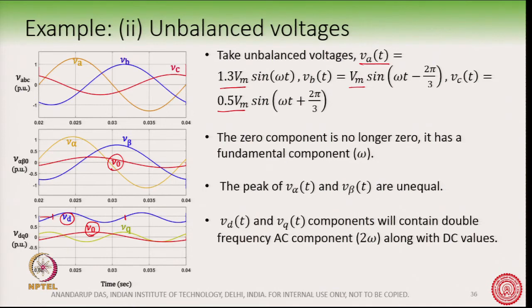That means there is a second harmonic component in the Vd and Vq waveforms. Why are they coming? How do you justify this? So, we had said that there was this space vector rotating in the alpha beta 0 plane.